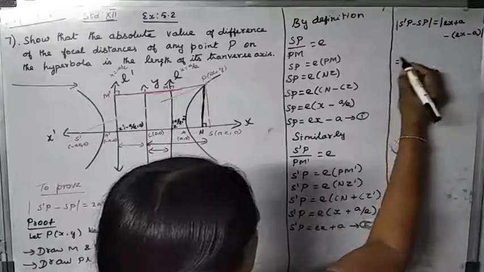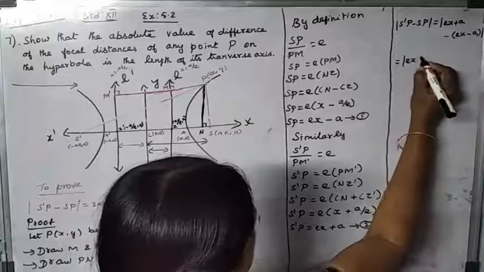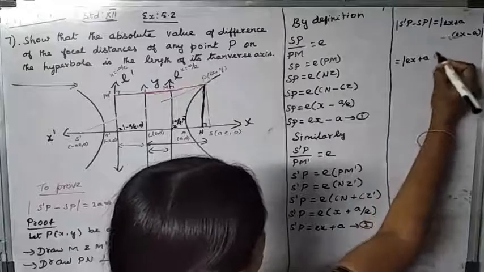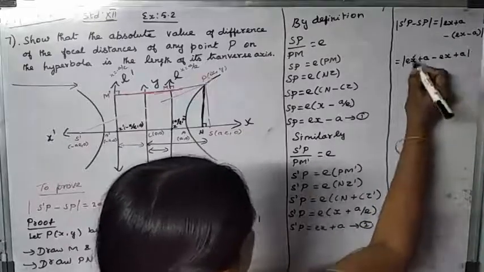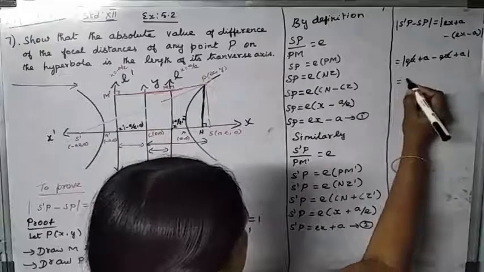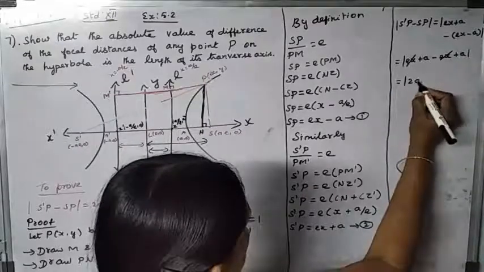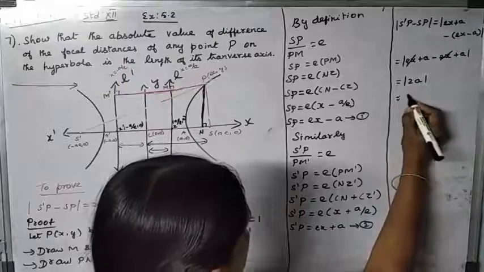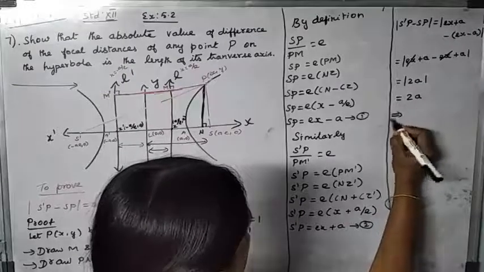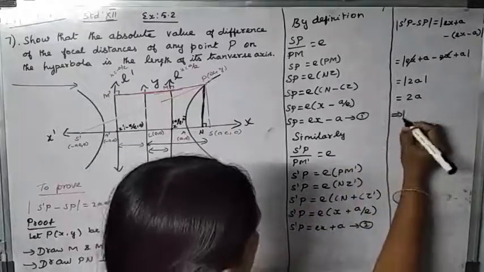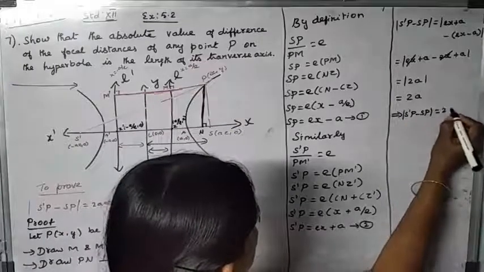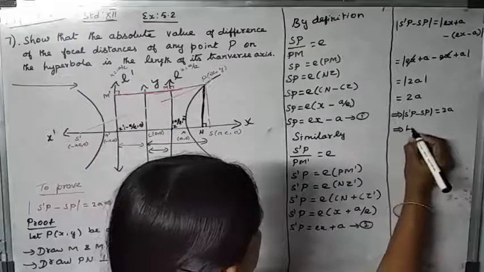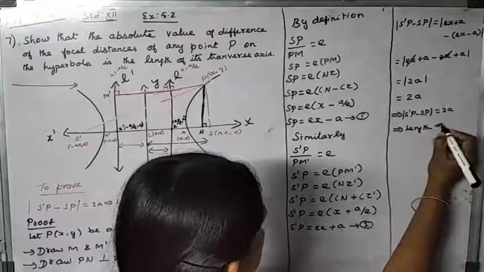So bring this ex plus a, multiply this minus inside, minus ex plus a. So ex gets cancelled, which is equal to a plus a, 2a. So modulus of 2a is 2a. So what we have got is modulus of S dash P minus SP is equal to 2a, which implies the length of latus rectum.